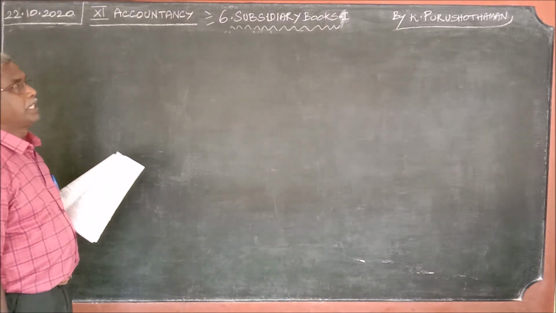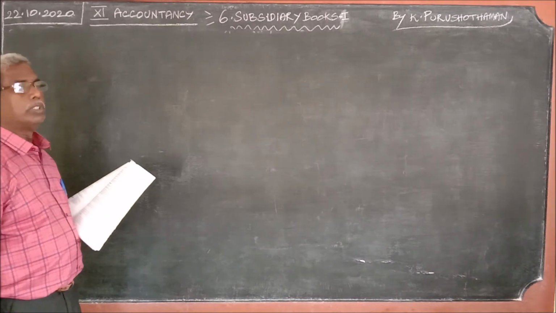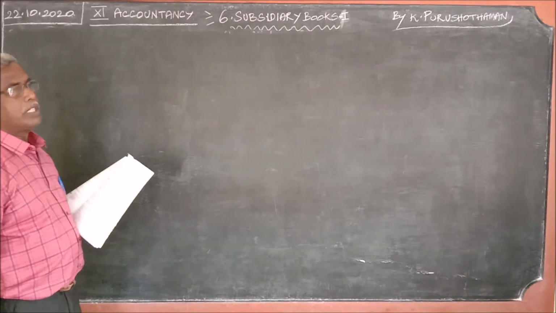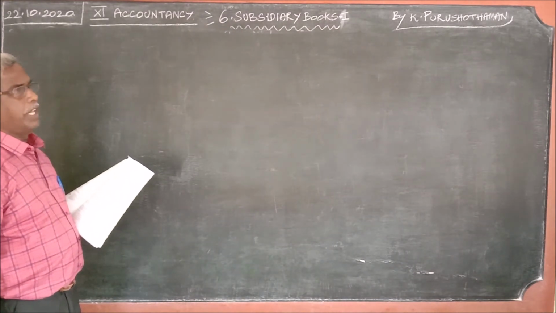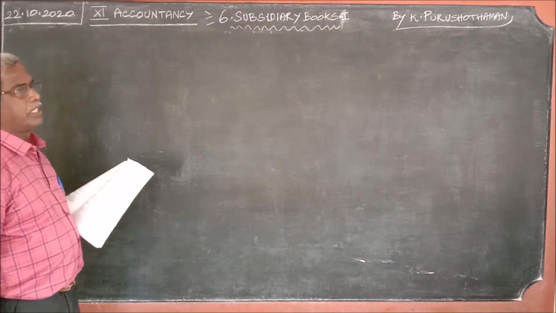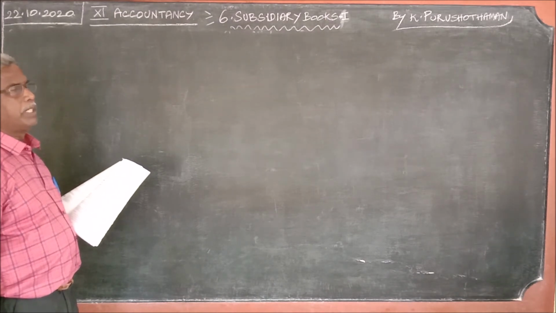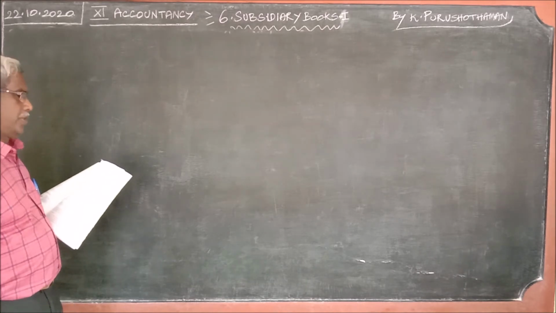Say for example, purchases book, purchases return book, sales book, sales return book. And also for cash transactions, cash books are available. And for other documents, that is bills payable, bills receivable, and journal proper, all these are subsidiary books.